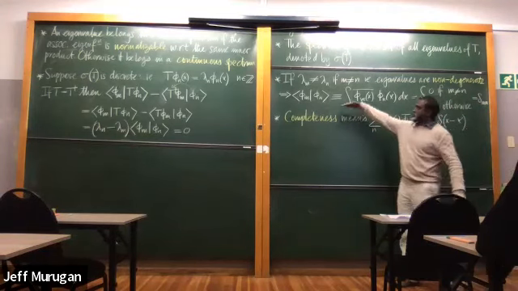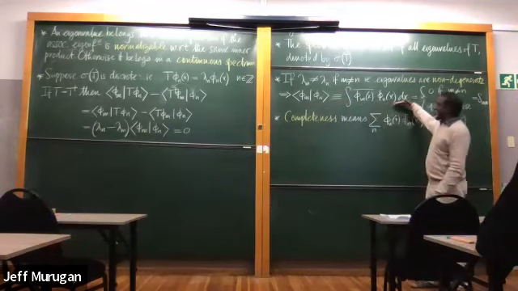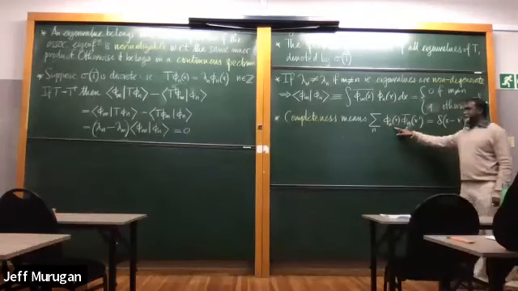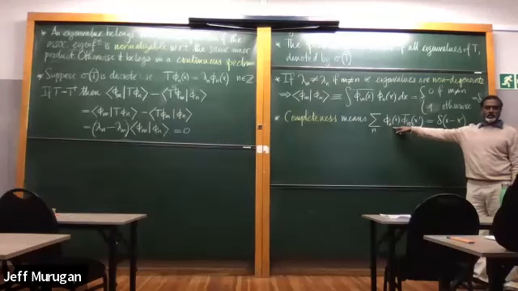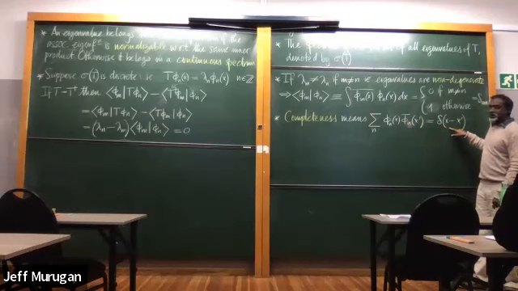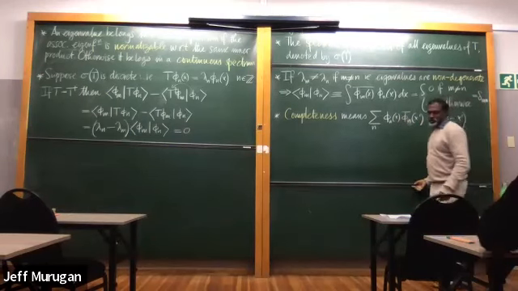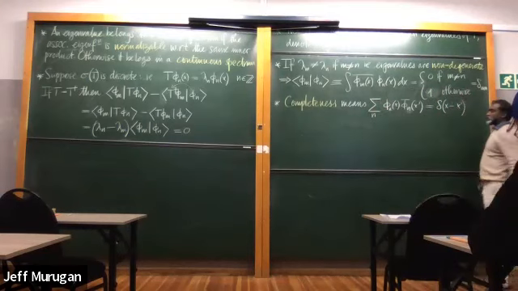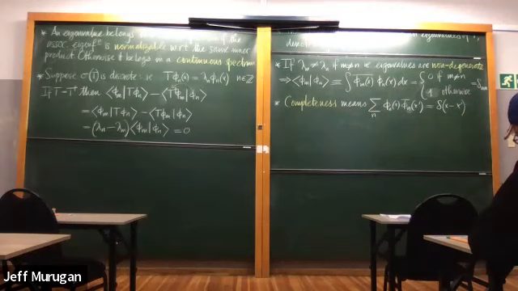Notice in the inner product expression, I'm integrating out all the x dependence, so the arguments are the same. Here, I'm summing over the n dependence, the label dependence. So the argument here is x and x prime, and on the right hand side, I have a delta of x minus x prime. I'll show you what the implication of this is, but basically, this is the statement that I can resolve the identity of the function space.